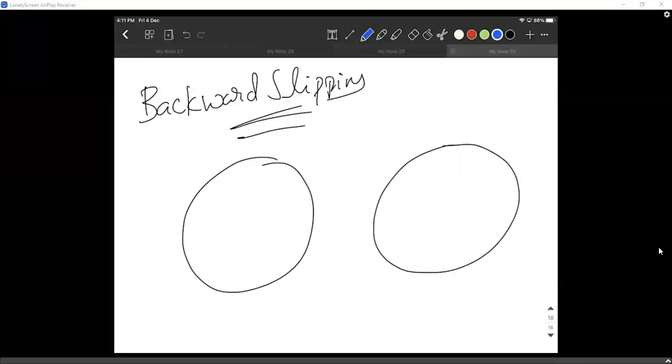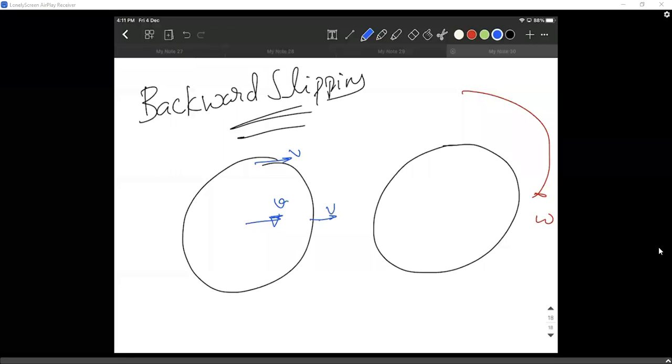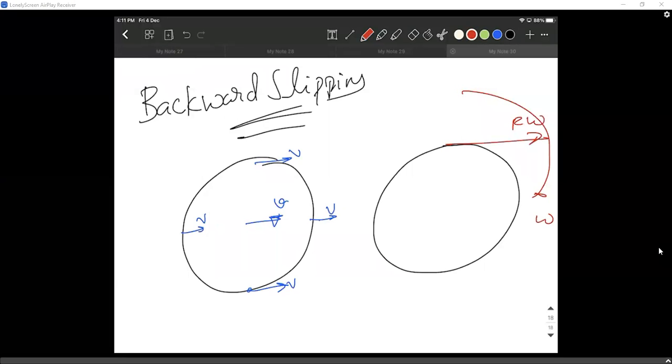Yes, exactly. Initially it's like a very small v, but very high omega. So the small v applies to all the points as v, but the omega is causing huge r omegas at all the points.